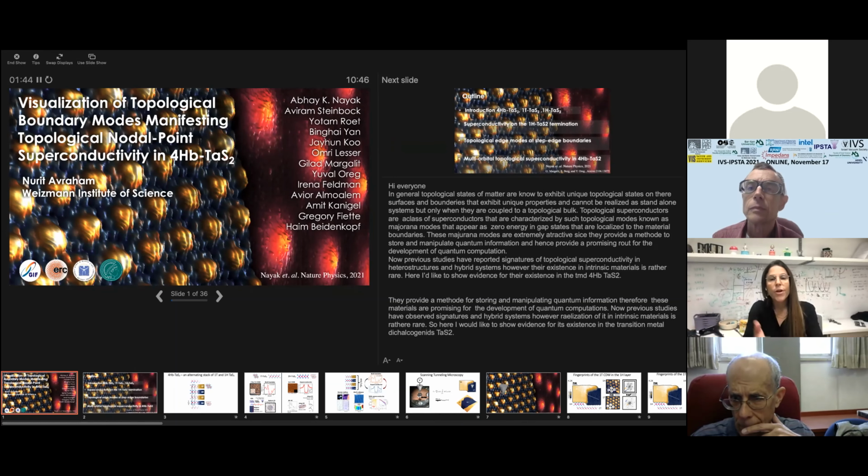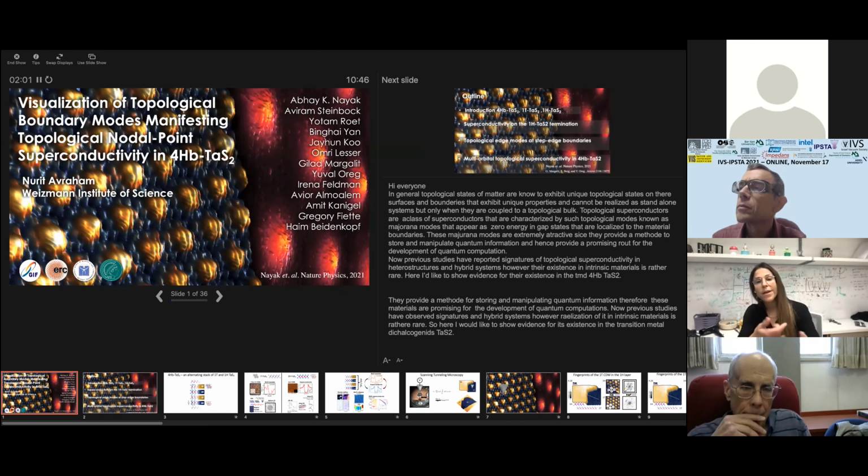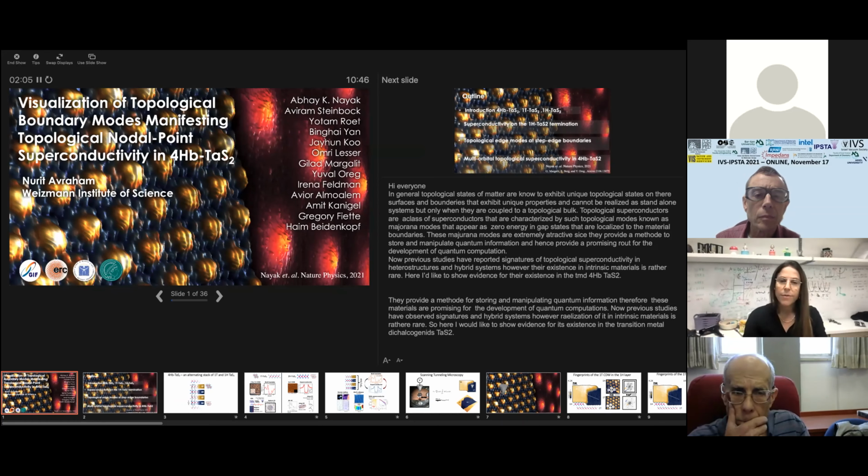Topological superconductors are such a topological state of matter. They exhibit unique topological states called Majorana states. These Majorana states are particularly attractive since they provide a method for storing and manipulating quantum information, and therefore topological superconductors are promising candidates for the development of quantum computation.